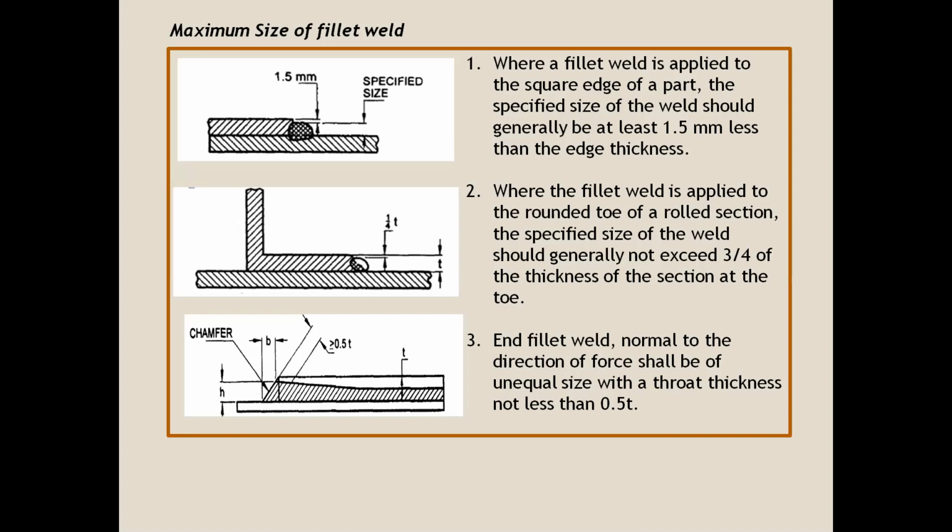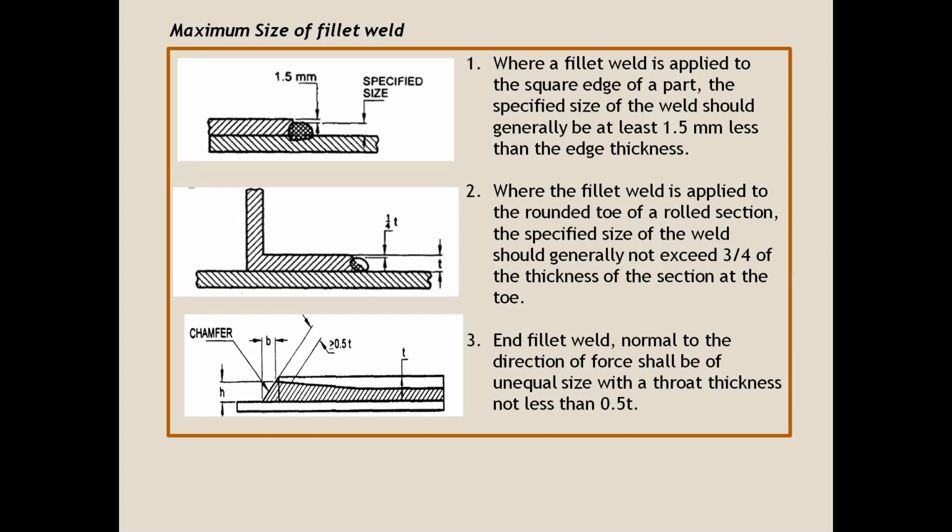See the diagrams: lapping two plates connected by fillet weld. Where a fillet weld is applied to the square edge of a part, the specified size of the weld should generally be at least 1.5 mm less than the edge thickness.